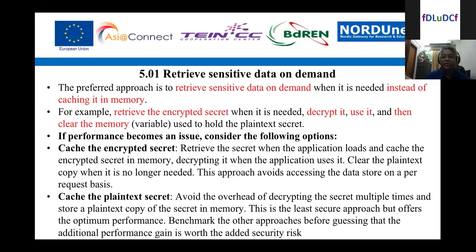Otherwise you don't need to retrieve it, and make sure that it is not put in the cache memory, because if you put sensitive data in the cache memory, an attacker can easily take it. And whenever you need to put sensitive data into the cache memory, please make it encrypted.